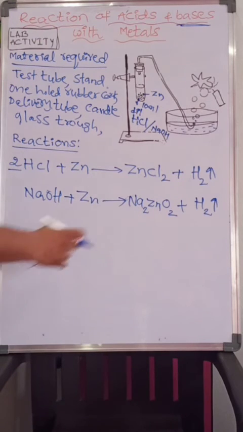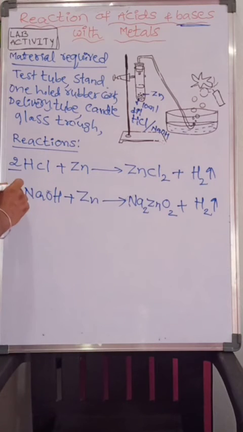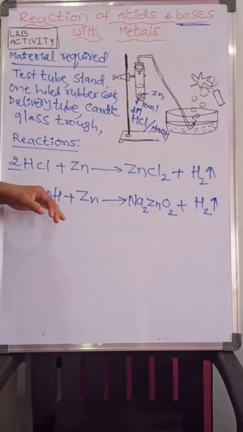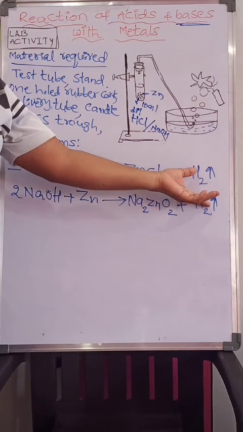Balancing the equation, we get 2 Na, 2 hydrogens, and 2 oxygens, so the equation is balanced. These are the reactions in this activity. The first is acid with metal, the second is base with metal. In both cases we get the same result, that is, hydrogen gas is evolved.